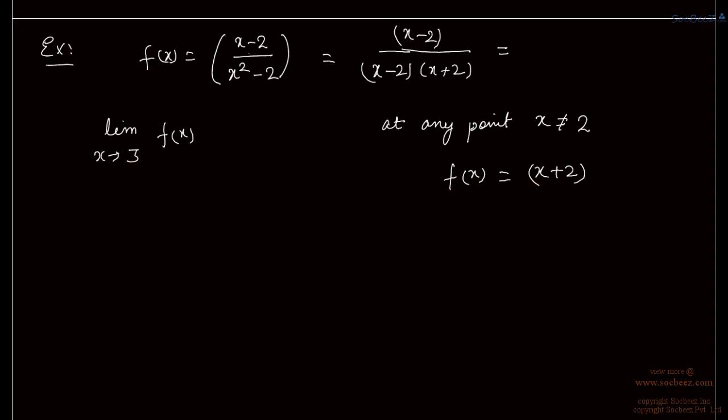If x is not equal to 2, then both above and below, that is x minus 2 and x minus 2, we can cancel it and we can write it as 1 upon x plus 2. f(x) is equal to 1 upon x plus 2, right?